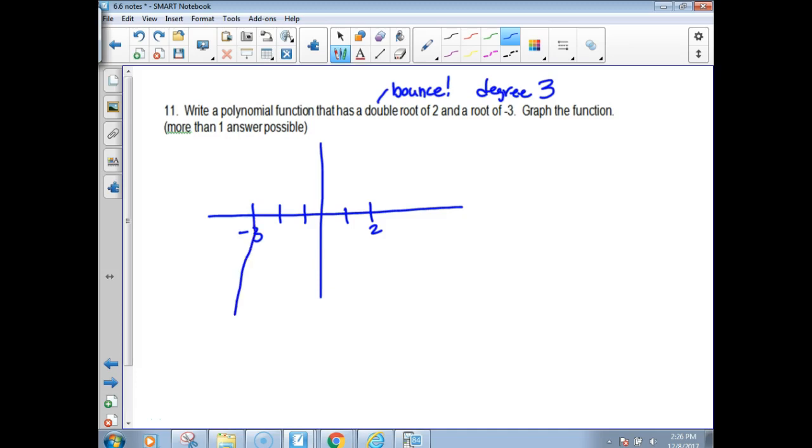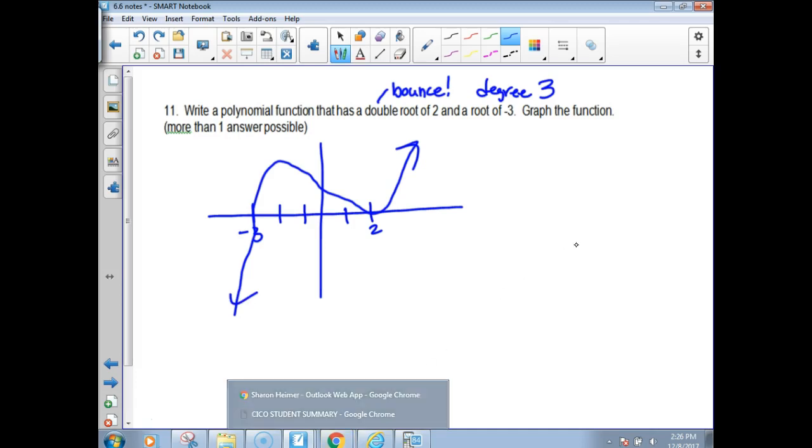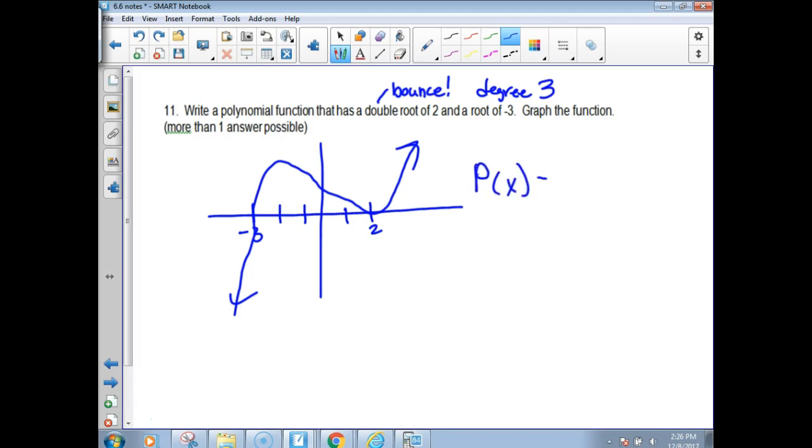It's coming through, going up, and then it's coming back and it's bouncing at 2. I mean, that's just an example of what it might look like. There's tons of ways it could look. And it would all depend on what coefficient you put on it and everything. All right, so there's more than one answer possible. That's my point. So here's our polynomial. P of x would be, very simply put, x minus 2 doubled would be parentheses around it with a power of 2.